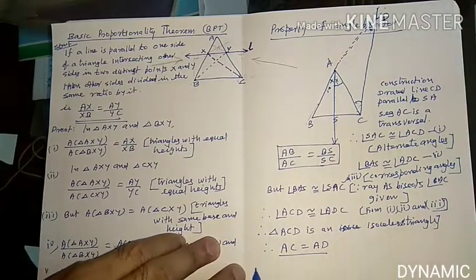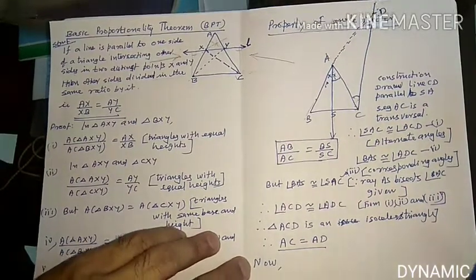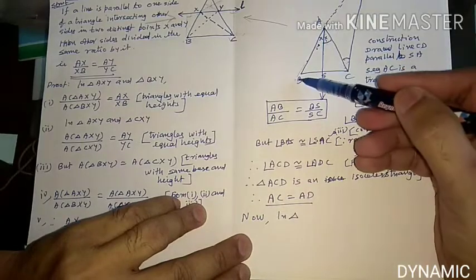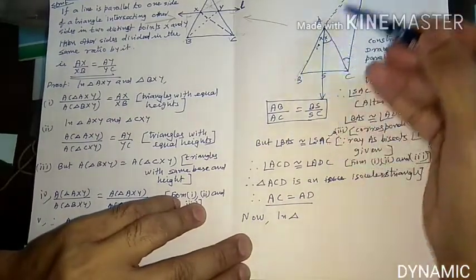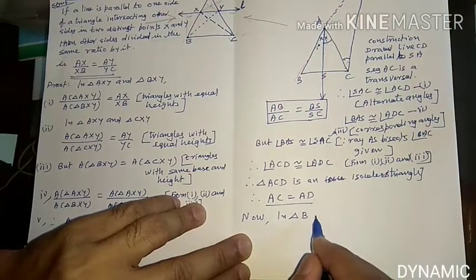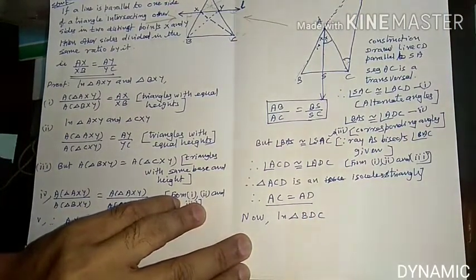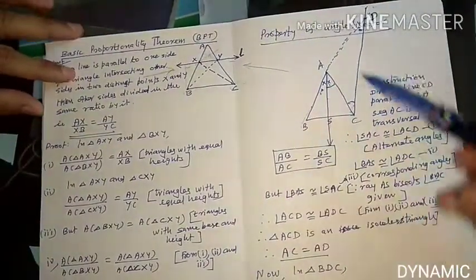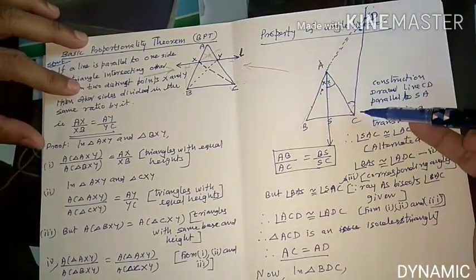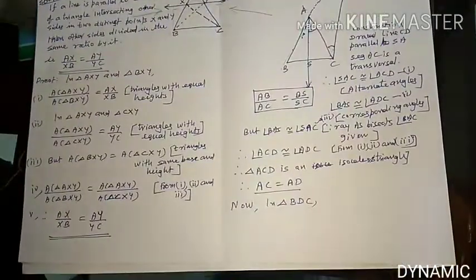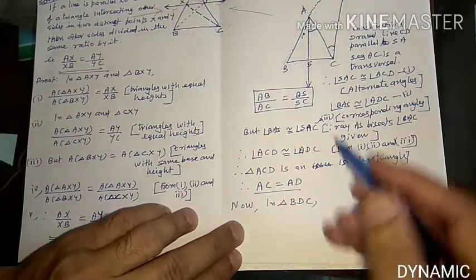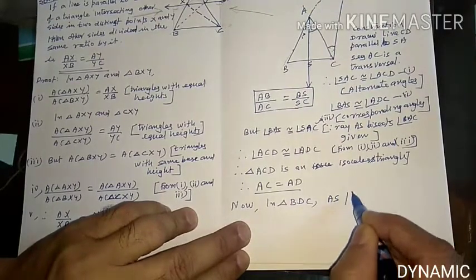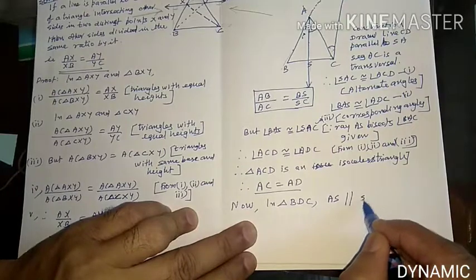This we require. Now we use BPT because we are doing BPT only, no? Now, in triangle BDC, see the whole big triangle BDC. This line is parallel to this side. In triangle BDC, AS is parallel to side CD.